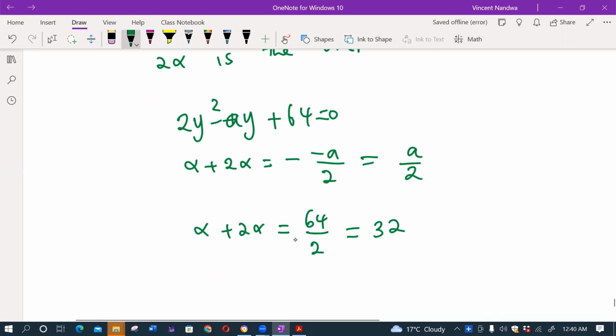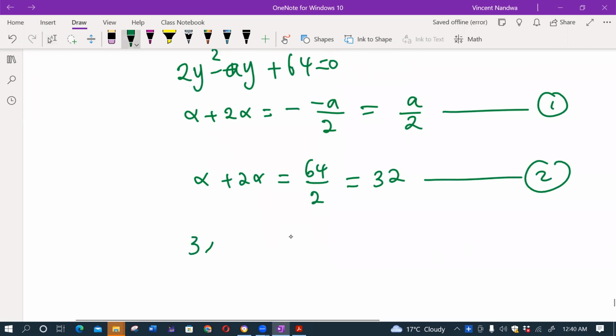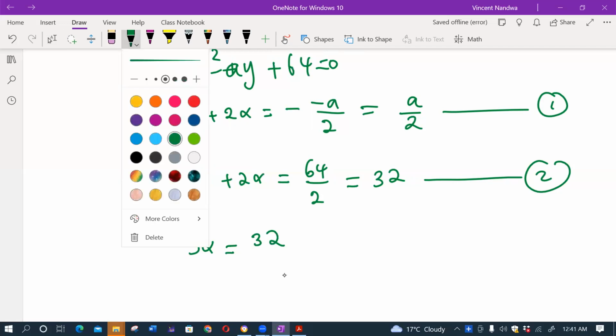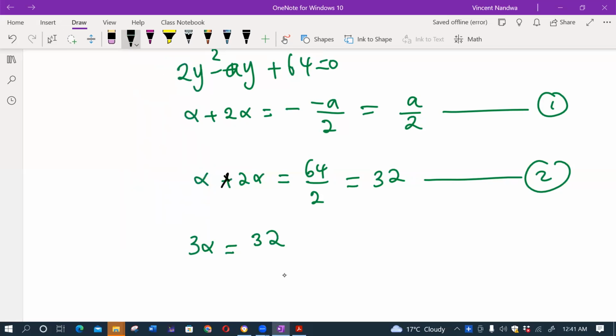So call this equation 1, call this equation 2. Okay, so this is the product, not the summation. So when you multiply the two roots, 2 alpha squared, you should get c over a.